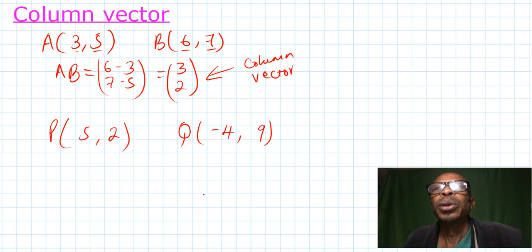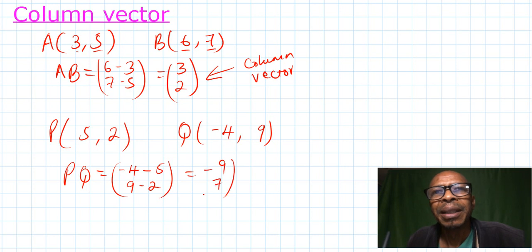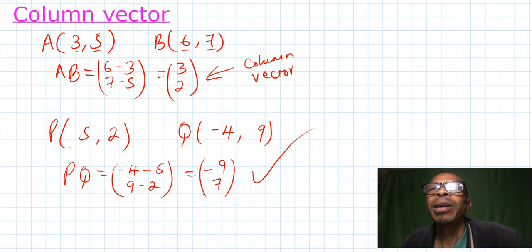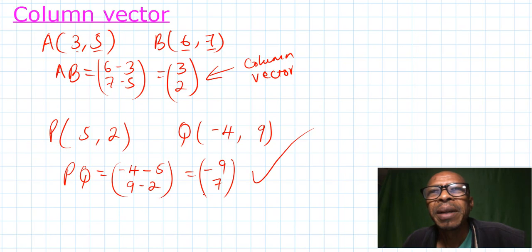So you can get PQ is equal to, you get -4 minus 5, and you get 9 minus 2. So that gives you what? -9 and 7. So getting a column vector, you use the coordinates. What is important to note is that a column vector represents displacement. From there, let's do an example.